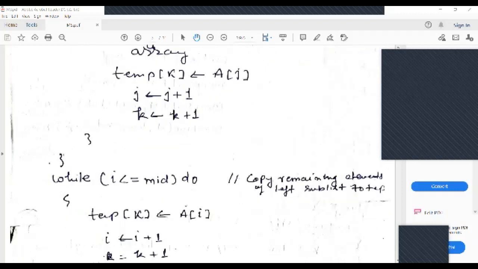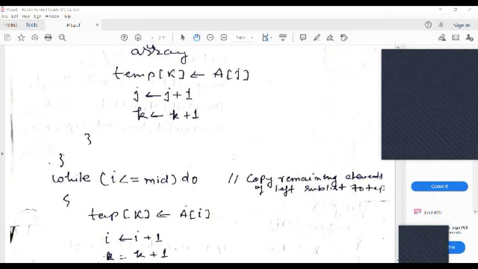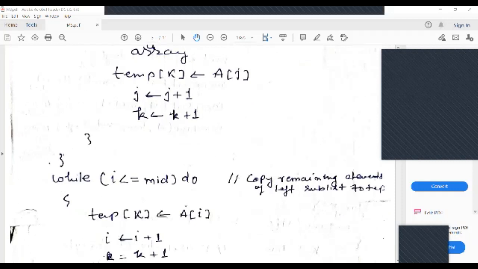ठीक है, so think about the situation, either the left sublist or the right sublist has been exhausted. Exhausted means जैसे हो सकता है ना, it could be the situation कि पहली सबलिस्ट छोटी हो, दूसरी सबलिस्ट बड़ी हो, या दूसरी सबलिस्ट छोटी हो, पहली सबलिस्ट बड़ी हो, तो पहले तो कोई भी एक लिस्ट खत्म हो सकती है. ठीक है, so for that you need to write some extra condition, and this is nothing but this while loop.